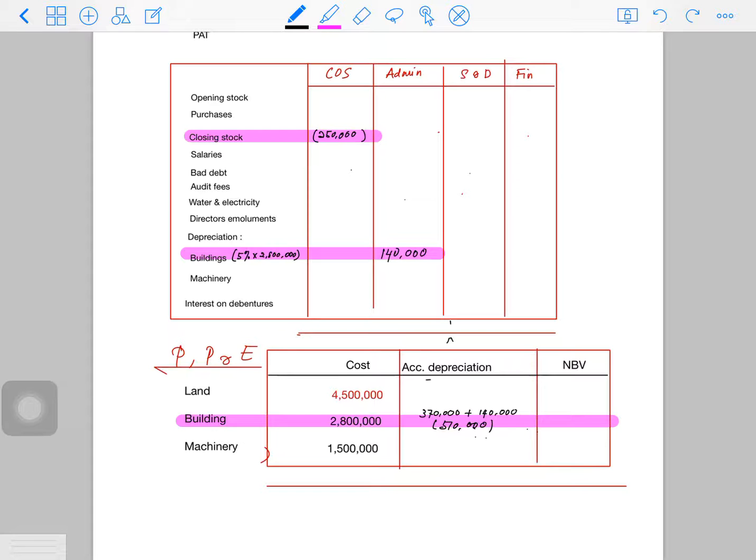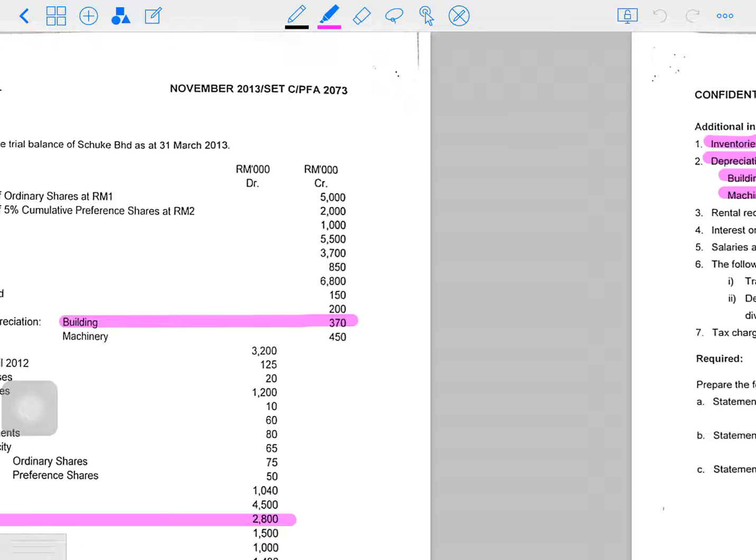Now next is machinery. Reducing balance method. How do you calculate the reducing balance method? Percentage of depreciation times net book value. So you have to find out the net book value of machinery.